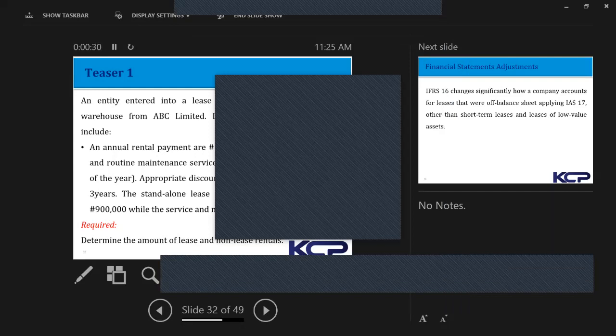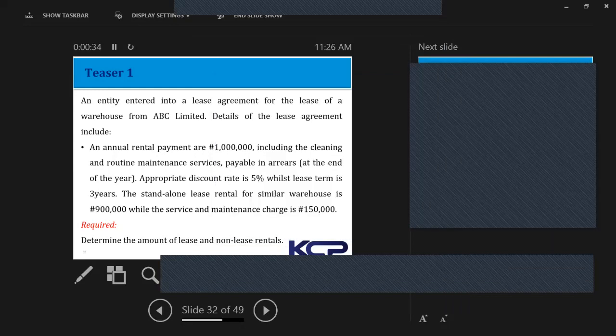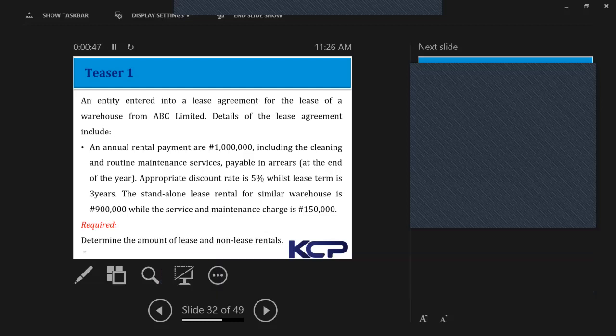But IFRS 16 has come to change the modality for this reporting, and that is what we'll be looking at today. The rental expense from this annual rental payment in this question is 1 million naira. But from this 1 million naira, there is an element of the non-lease component therein.